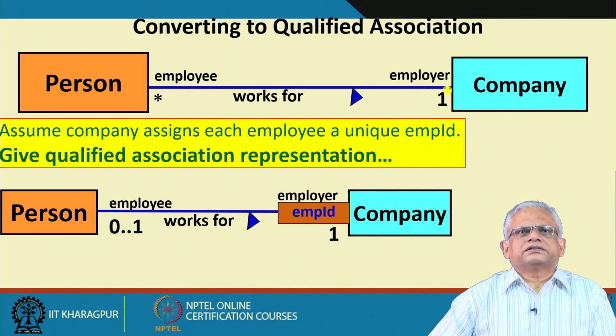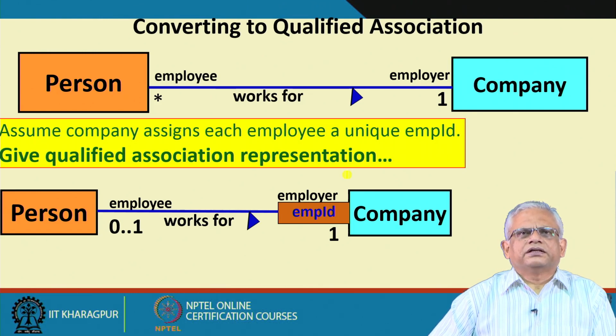But then let's try to be more expressive. We want to express that given an employee ID, the person can be uniquely identified. That is, for a given employee ID in the company, there is at most one employee in the company.